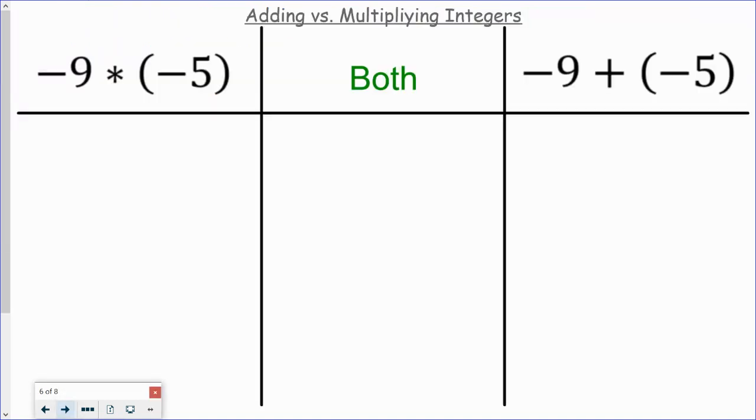Okay, because here we have a -9 times a -5. Then we also have a -9 plus a -5. So let's compare, so we can see what's the difference when we add negatives and when we multiply our negatives. Okay, so what's something they have in common? They both have a -9 and a -5, right? They both have an operation sign.